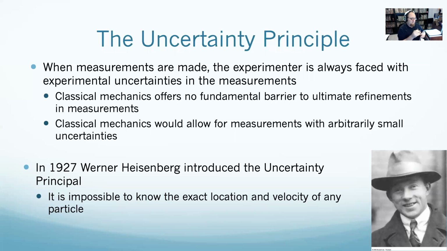Classical mechanics says the uncertainty in any measurement is as big as it needs to be, depending on how good your ruler is. But what Heisenberg said is if we are doing stuff with quantum, there has to be a limit to how accurate we can get. And he said the limit was as follows.